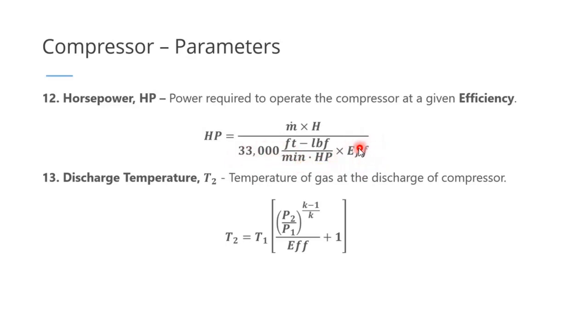So, kaya siya divide efficiency kasi kung ano man yung power required to operate the compressor, mas kailangan mo ng mas mataas na horsepower. Dahil meron kang losses sa motor, frictional losses. So, kailangan mong i-divide yung efficiency which is less than 1. So, mas mataas yung compute mong power required.